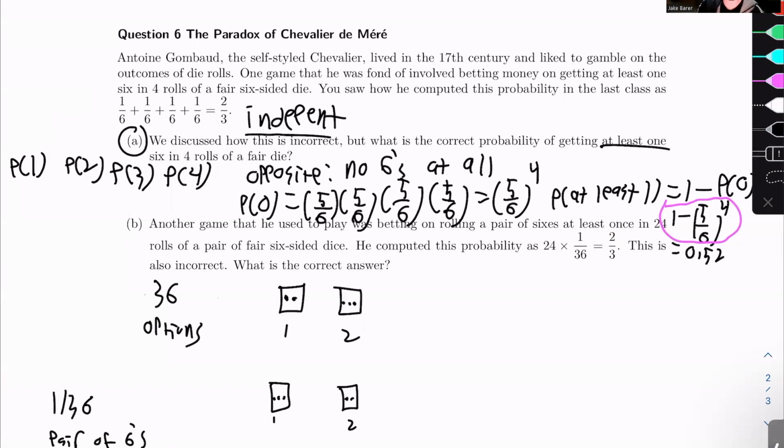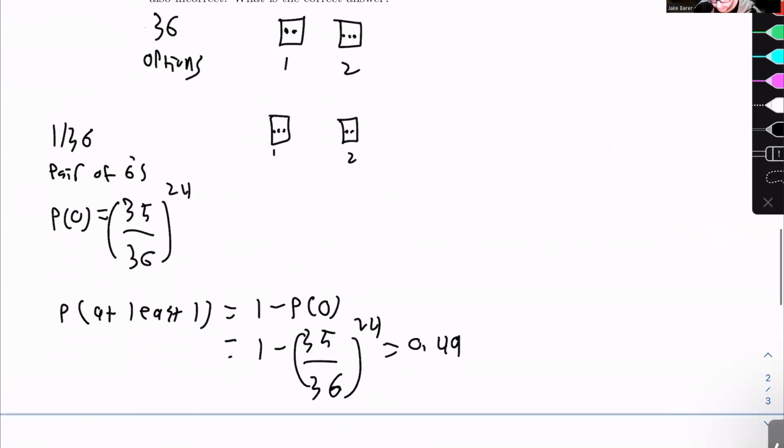And they were betting money on this. So he thought originally that he was winning money most of the time, that if everything was completely defined by chance, he would win this bet 2/3 of the time. When in actuality, he did his math wrong, and now he's losing more than he's winning.